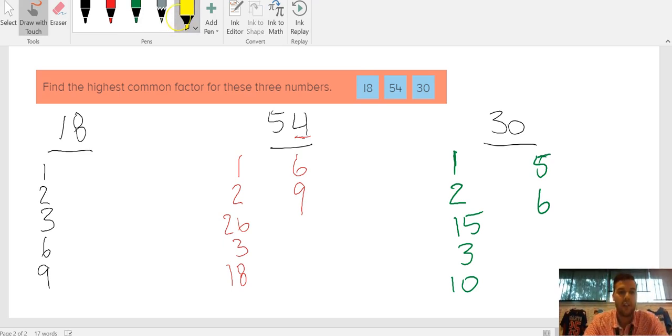Now we need to go through and highlight all the numbers that 18, 54, and 30 have in common. So they've all got 1. They've also all got 2 because they're all even.